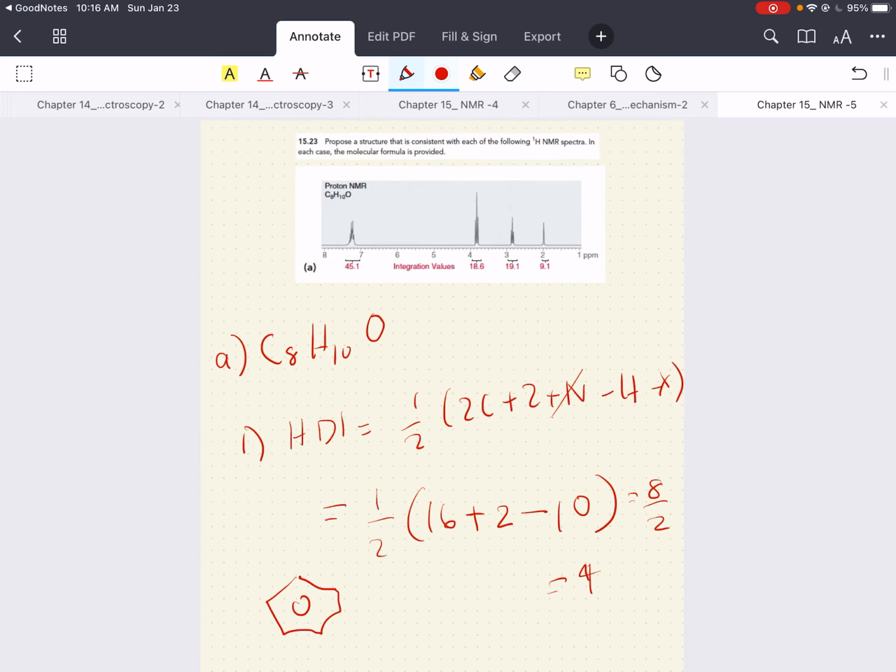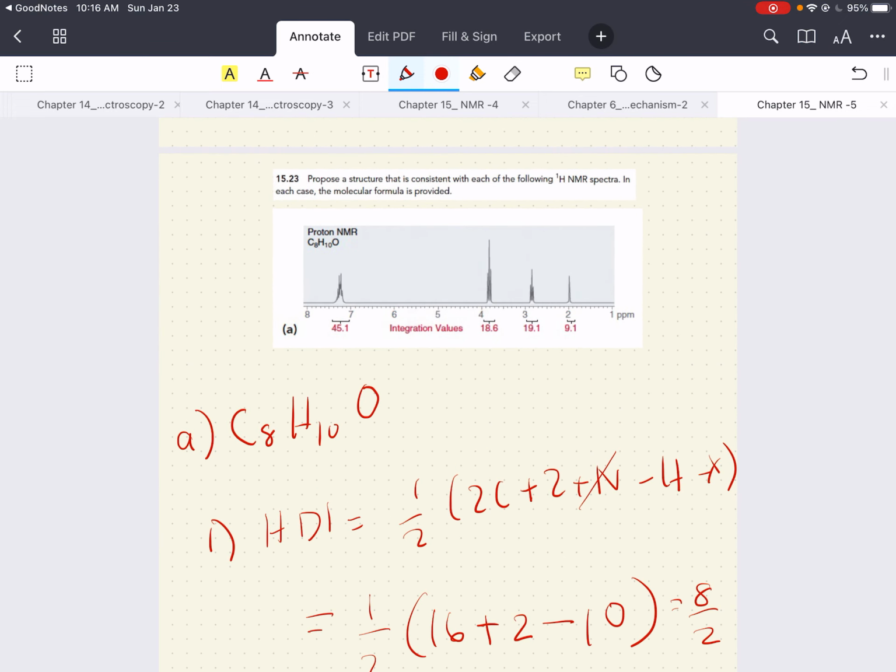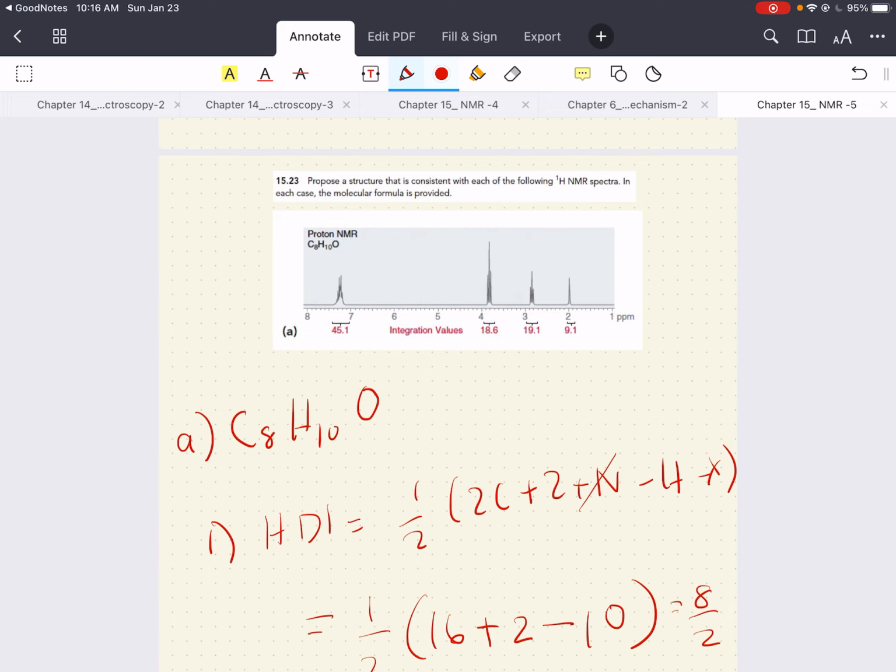So we have to keep that in mind. Let's look back at the spectrum once again. Let's integrate this. This hasn't been integrated for us, so let's find the lowest number and divide by it. So 9.1 divided by 9.1, that's 1. This should give us 2. This should also give us about 2, and this should give us 5.